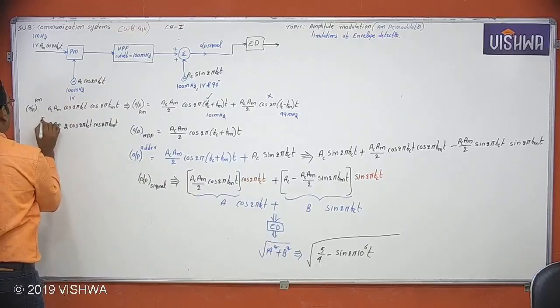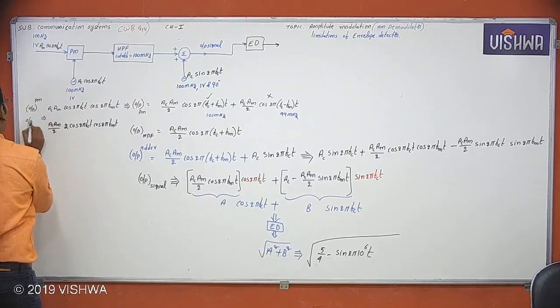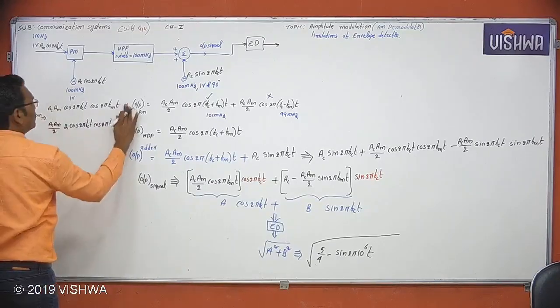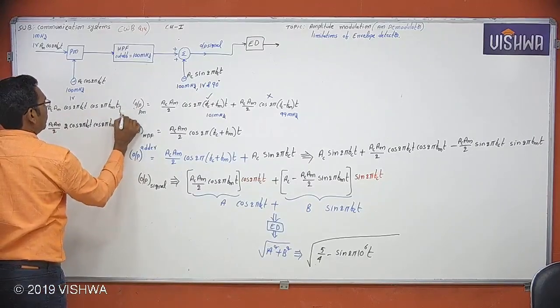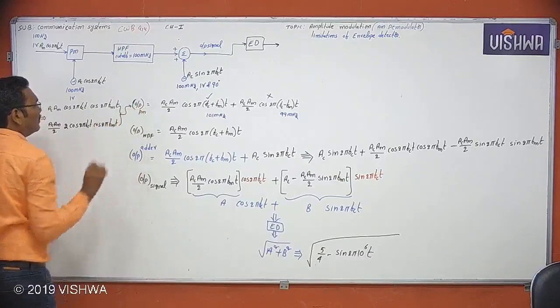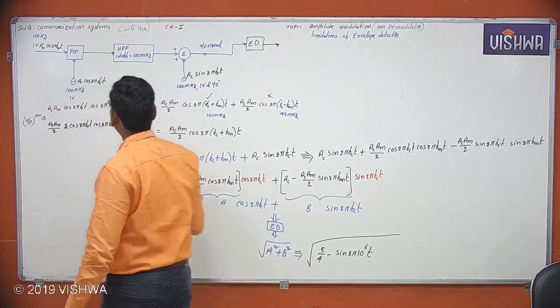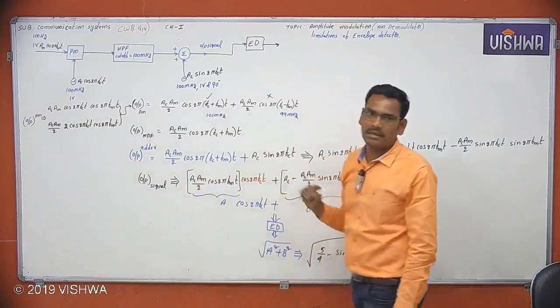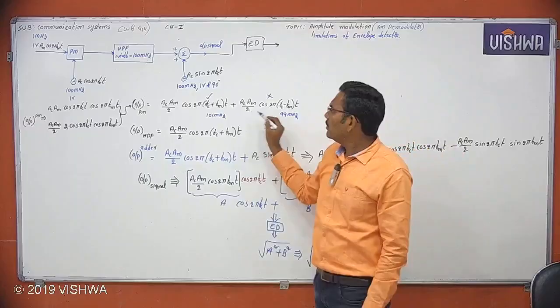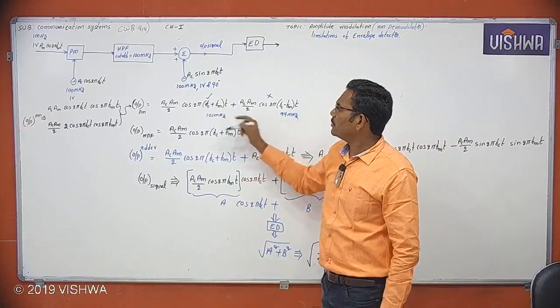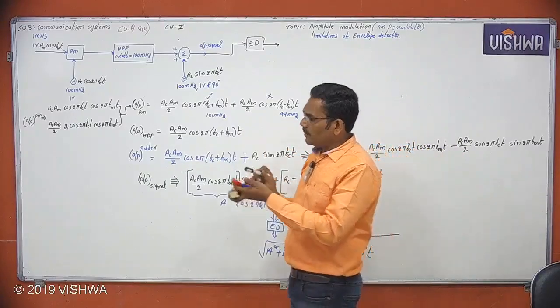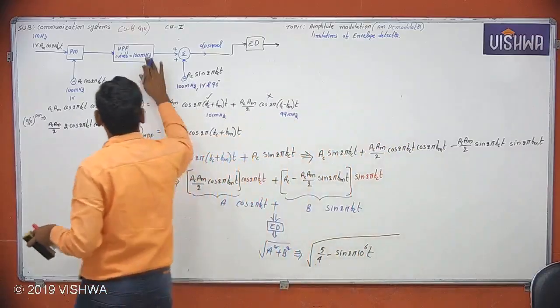This is the output of the product multiplier. So I just multiplied with 2, therefore 2 cos A cos B is cos of A plus B plus cos of A minus B. Now this is 99 megahertz, this is 101 megahertz, but here the cutoff frequency is given.